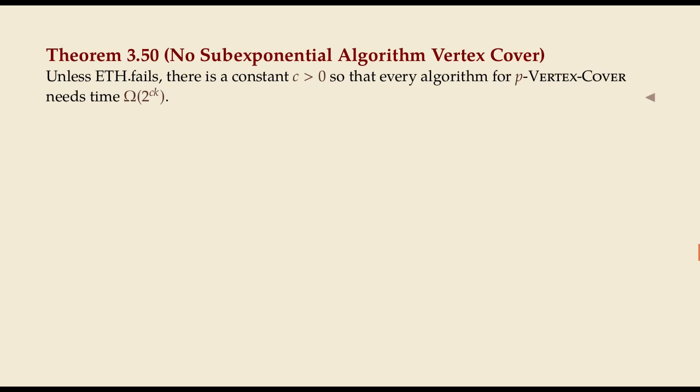But we don't know what this constant is. So it's not showing us how to stop the search for better vertex cover algorithms, but at least there's a certain bound.